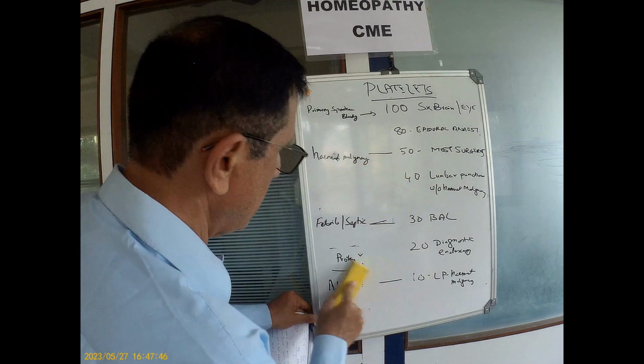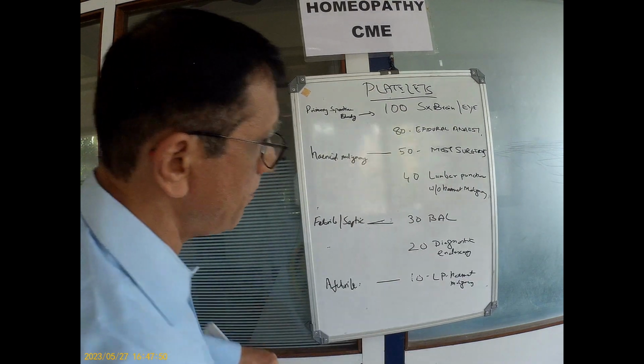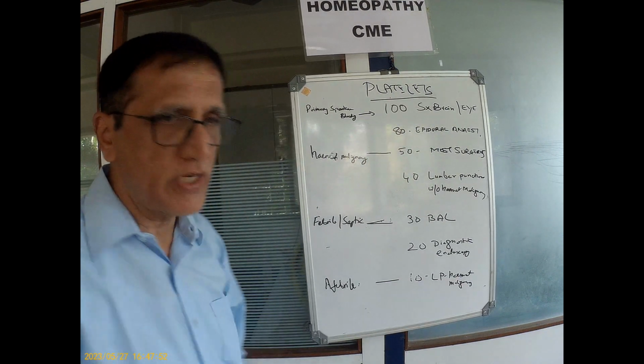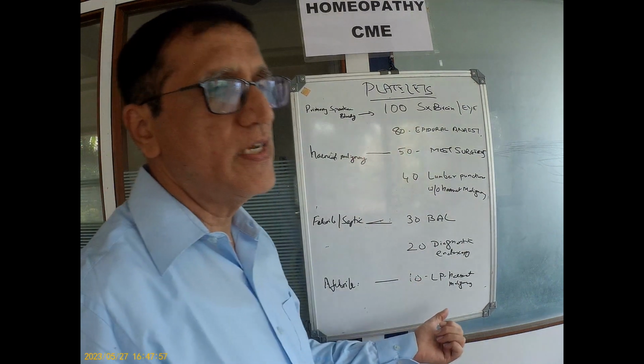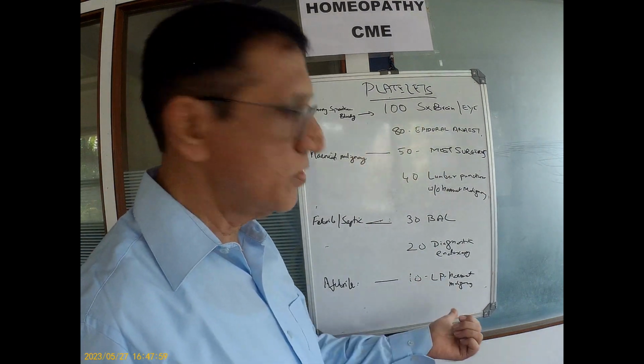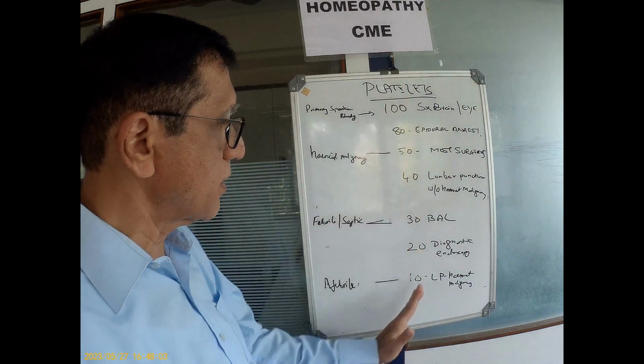At a count of 10,000 also, you would like to do a lumbar puncture if it is a hematological malignancy, to confirm if the malignancy has spread to the CNS or not. So even at 10,000 you can get away with a lumbar puncture.